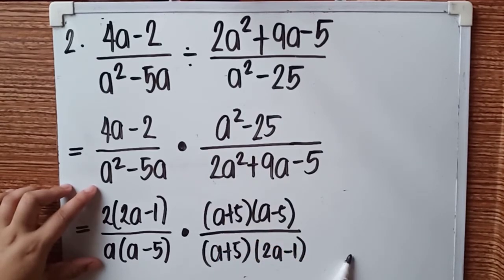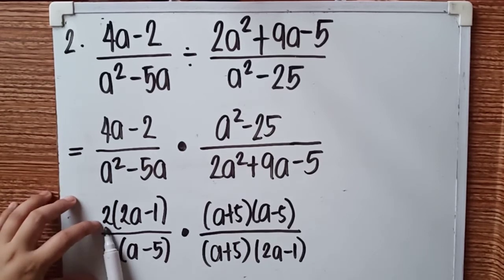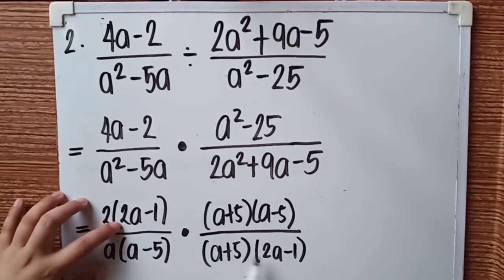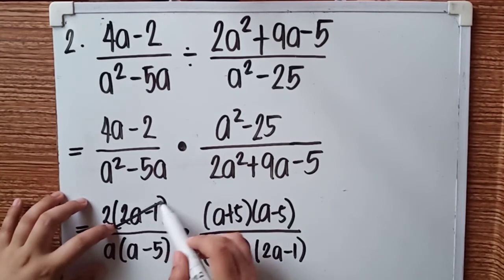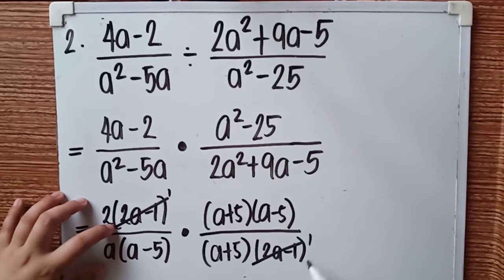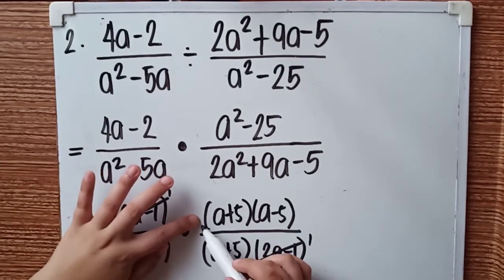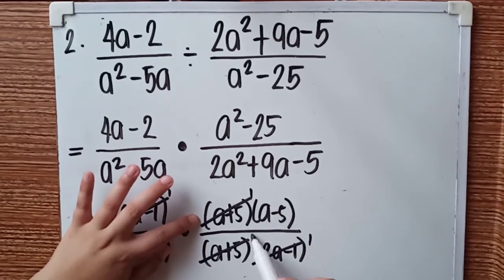Step 2. Cancel the common polynomial factor. Para kay 2, wala siyang kapartner sa baba, so hindi natin siya makakancel. Para kay 2a minus 1, ayun. Cancel natin, magiging 1. Para naman sa a plus 5, ayun, nasa tapat lang niya. Cancel, magiging 1.